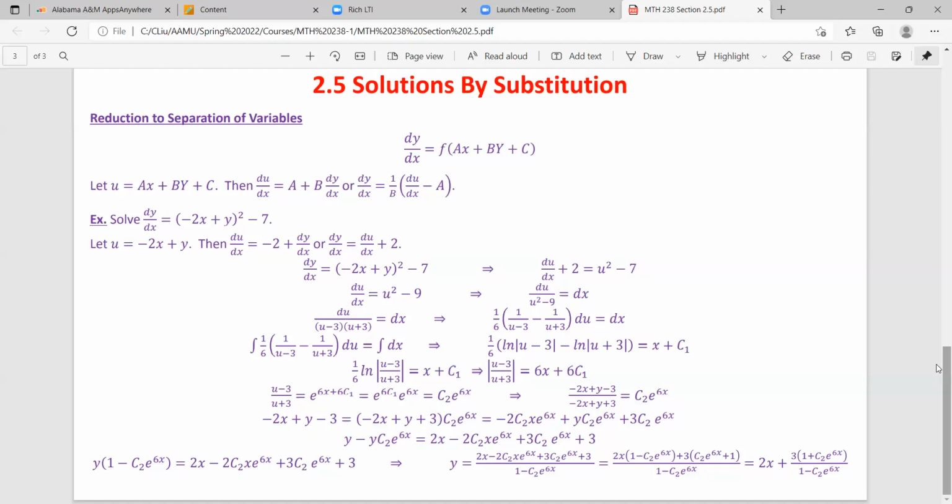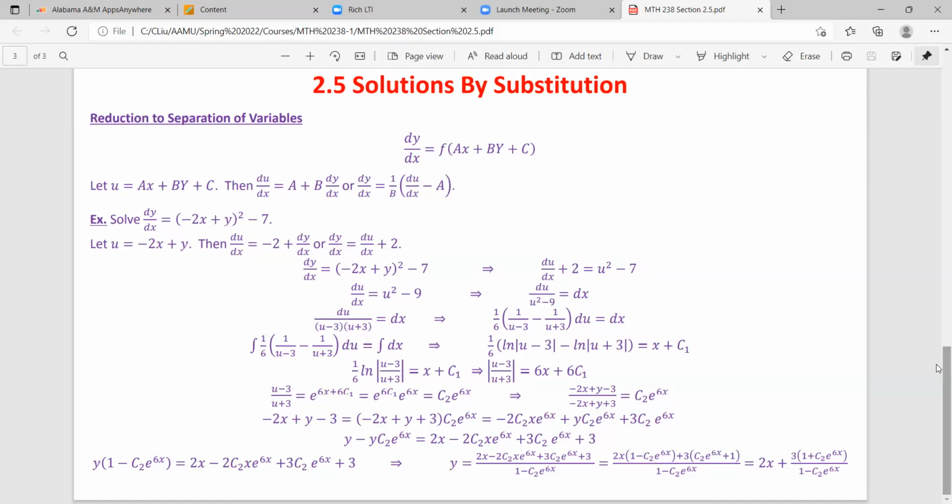And then you take the exponential on both sides, and you get u minus 3 over u plus 3 equals some constant C2 times e to the 6x. This C2 comes from e to the 6 C1, but it already takes care of the plus and minus sign. That's why we don't need the absolute value sign here, if we allow C2 to be both positive and negative.